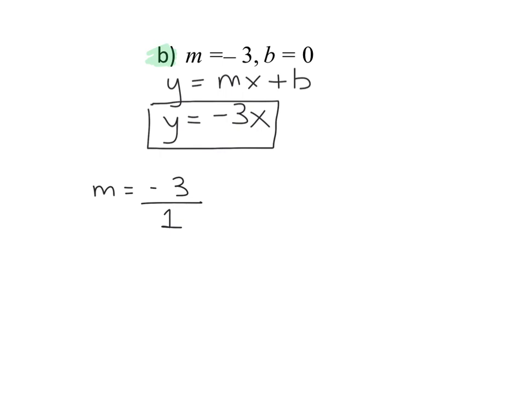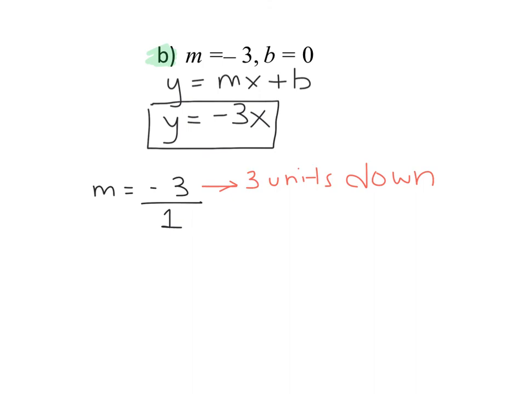So this time, the rise, or my numerator value, is a -3. Negative for a rise is associated to a downwards direction or a downwards movement. So this is going to correspond to 3 units down.